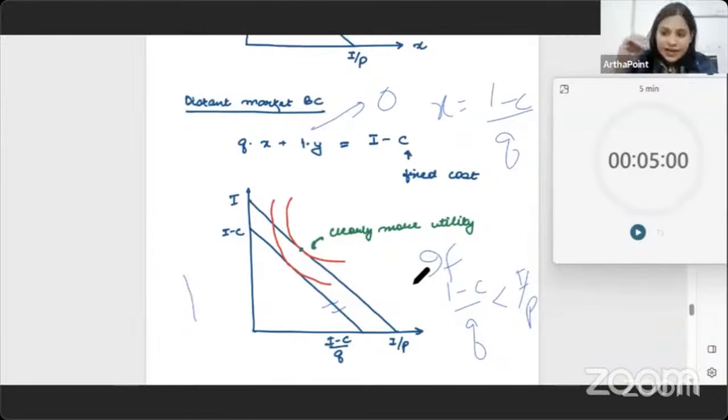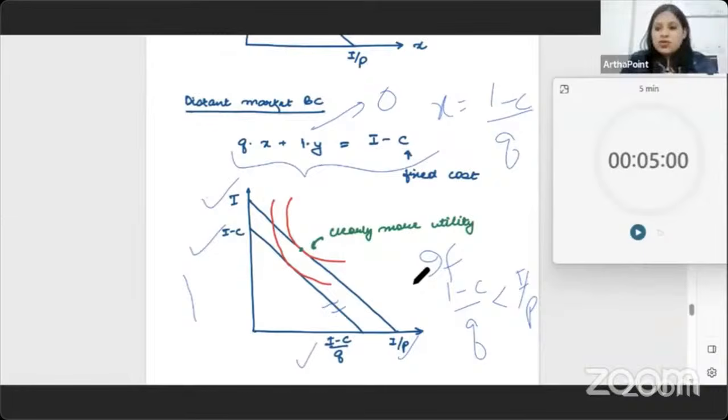The budget line of the current market has intercepts I and I by P. The budget line of the distinct market has intercepts I minus C and I minus C by Q. So clearly we can see that this budget line will be internal to the other budget line.